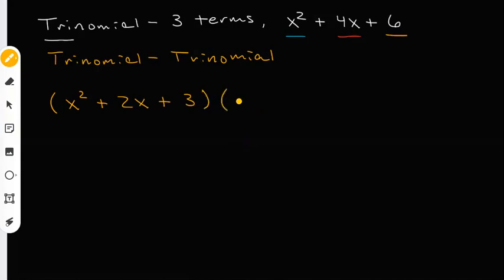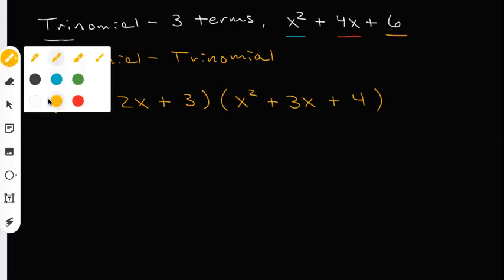And then my second trinomial that I'm multiplying by is going to be x squared plus 3x plus 4, and I'm going to close that up in parentheses as well. Notice that both of these inside the parentheses have three terms, so they're both going to be trinomials.